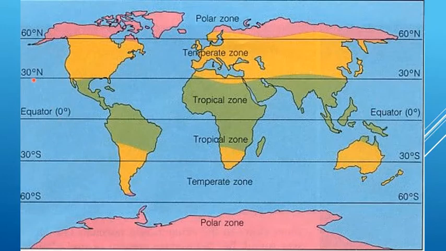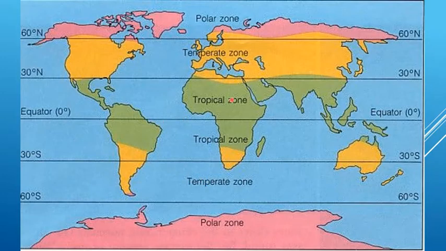Then we have a line having a 30-degree value, then a 60-degree. These are called latitudes. Dear students, the equator is a line which divides the globe into two equal parts. Number one is the northern part, called the northern hemisphere, and the second part is the southern hemisphere.